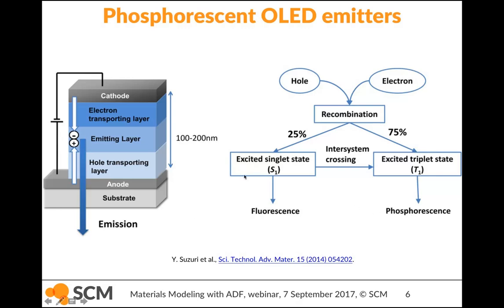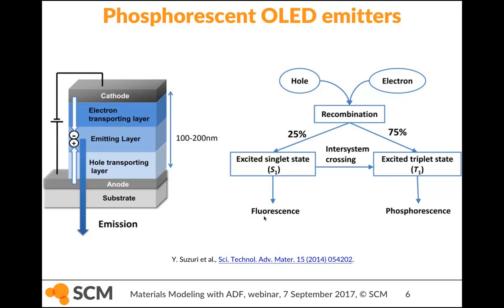Same thing holds true for going from an excited singlet state to an excited triplet state via intersystem crossing. That's strictly forbidden in a non-relativistic picture. So if we didn't have relativistic effects in a classical OLED emitting device, we would only harvest 25% of the excitons, maximally, in this fluorescence process.